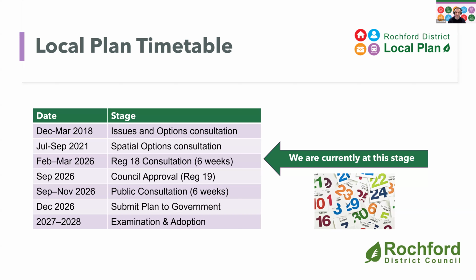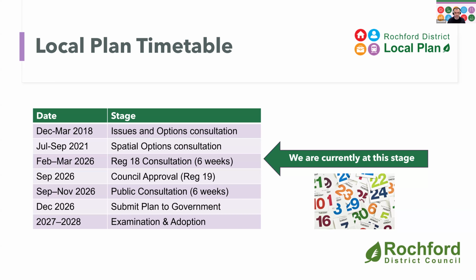The reason that date is set is that the government has indicated that plans such as Rochford's, which is being prepared under what's called the current system, would need to be submitted by the end of this year in order to be examined and assessed against the current national policy. There is a new plan-making system coming into play post December, so if the plan didn't meet that deadline, the risk is that we would have to prepare a new style plan in accordance with that new legislation.